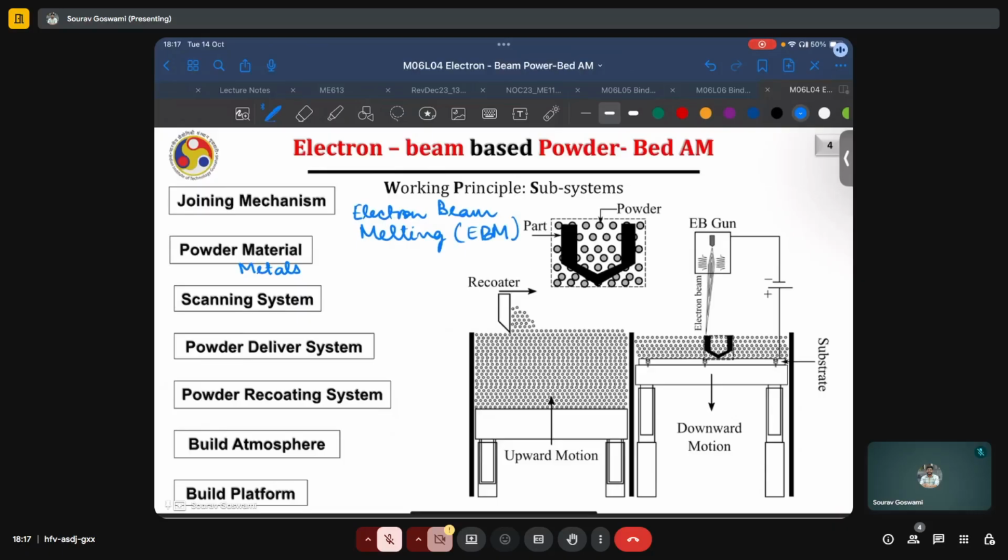Typically, this extent of fusion is characterized by the dilution ratio, which we have already looked at in some of the previous lectures. If you're looking at a cross section of the bead, it is defined as the area that got melted below the substrate divided by the total area of the melt zone, comprising of both the molten area of the substrate and the molten area of the bead.